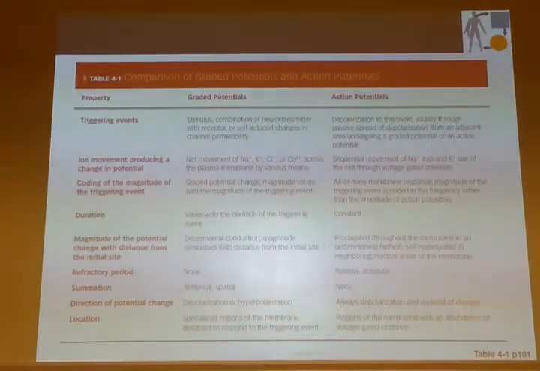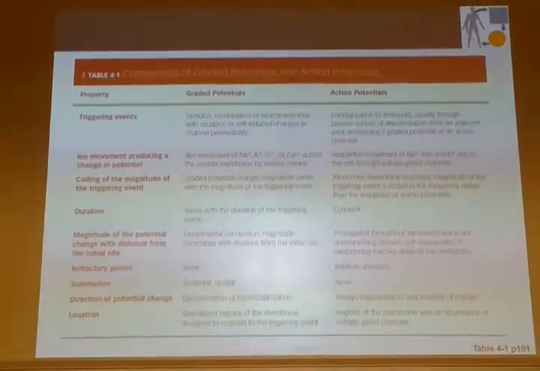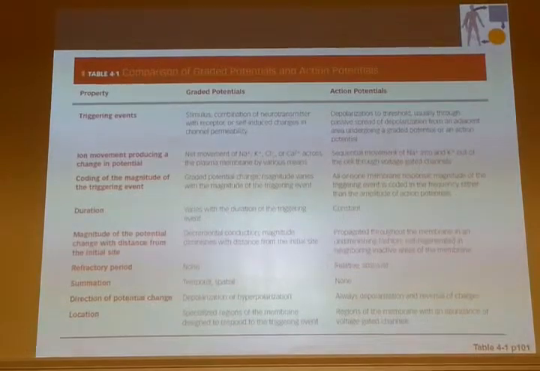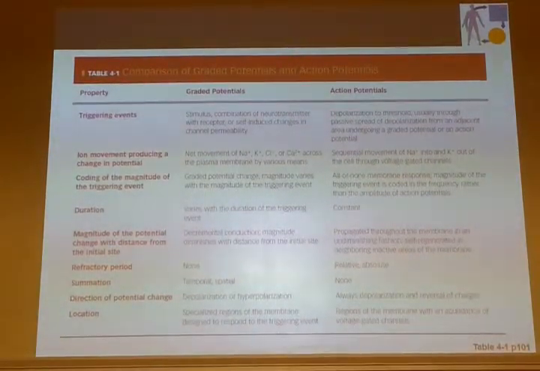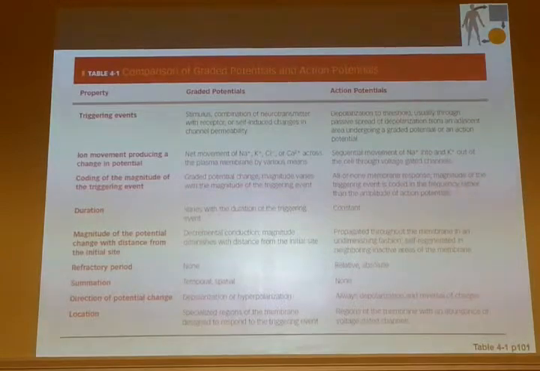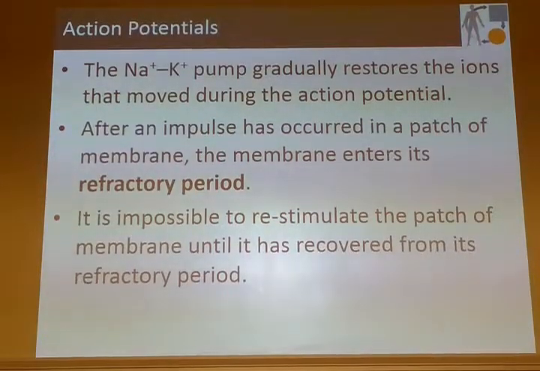So you can look at this, but your emphasis should be on what we've discussed in lecture. And if you have questions, you can always ask me or email me, do I have to know this now? And I'll tell you, well, not yet, you'll have to know it at the end of the semester, but not right now. So refractory period, got two of them.